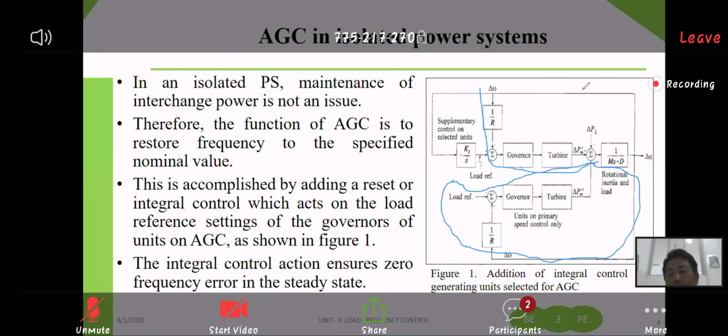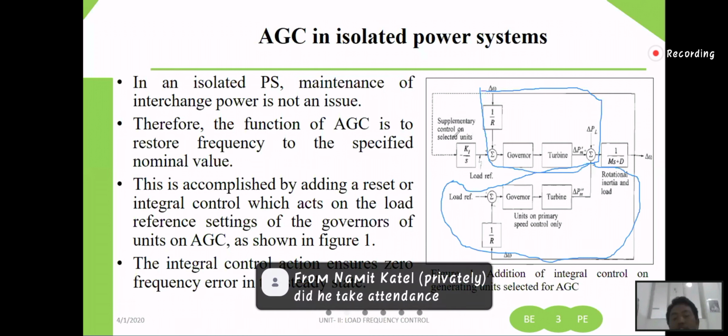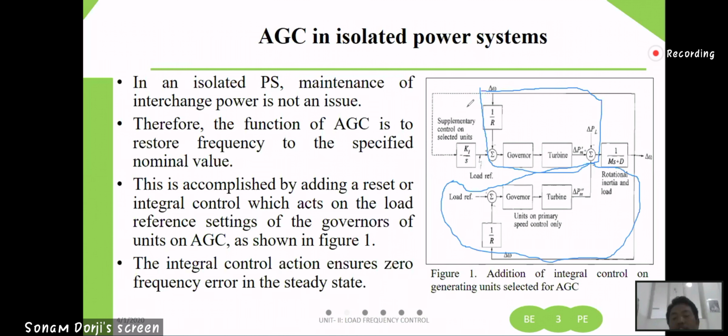Everything else remains the same as unit 1 under primary speed control only. The only difference is that since we are employing automatic generation control, which is known as a supplementary control, we have selected this unit for AGC. We just add one integral control action before the load reference point, also known as a reset or integral control, which acts on the load reference point, as shown here.